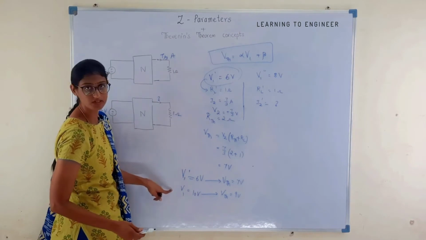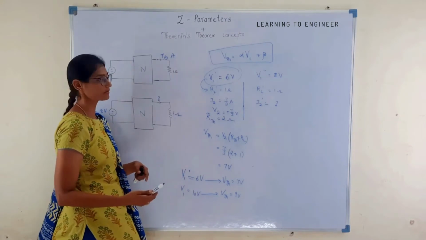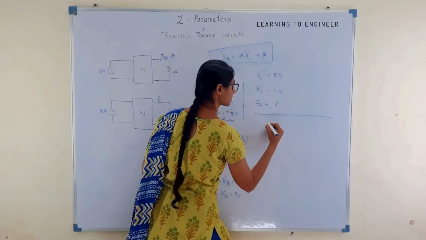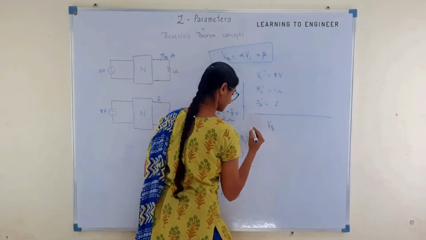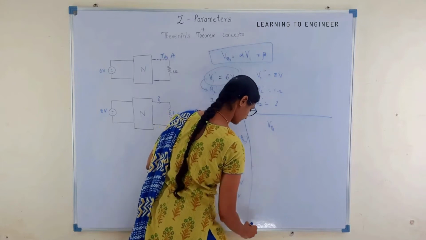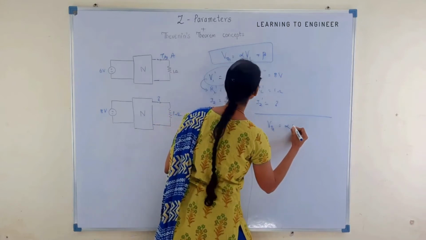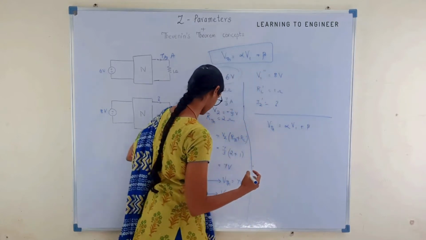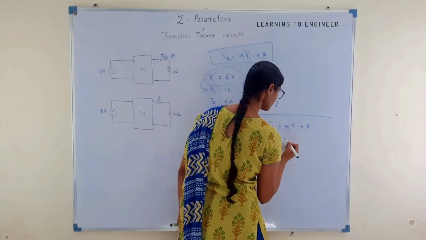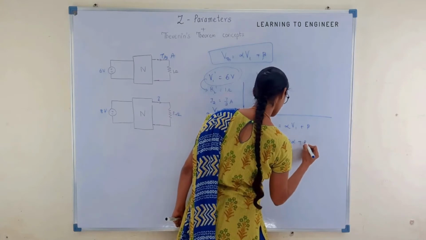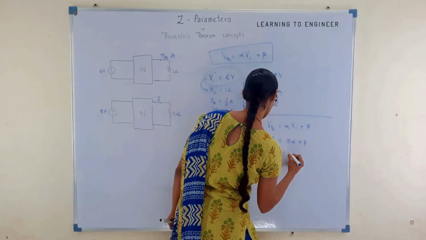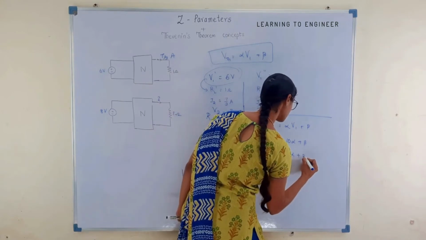Using these two pieces of information, we can find out alpha and beta. VTH is equal to alpha V1 plus beta. In the first case, 9 is equal to 10 alpha plus beta. 7 is equal to 6 alpha plus beta.